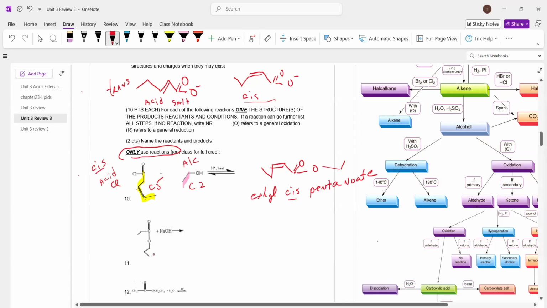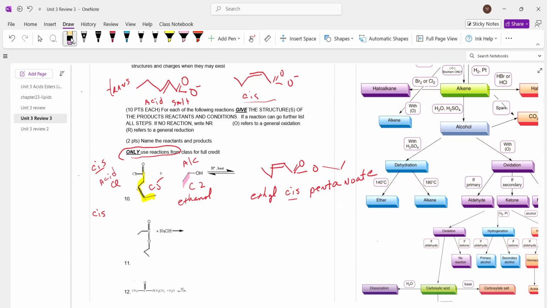We have to name this. This is the ethanol. And this is going to be what we have up here. Should be cis. This is wrong, by the way. This should be enoate, not onoate. And it's on position 2. So this is 1, 2, 3. I have it on 1, 2.